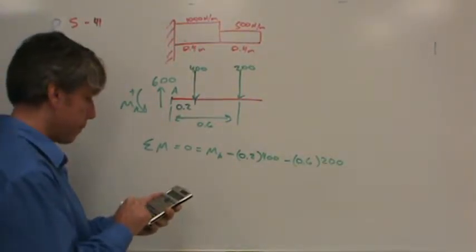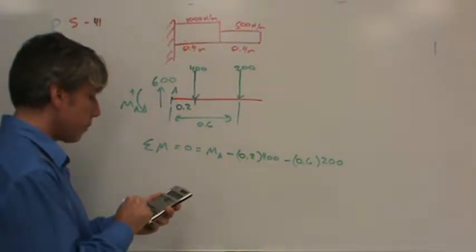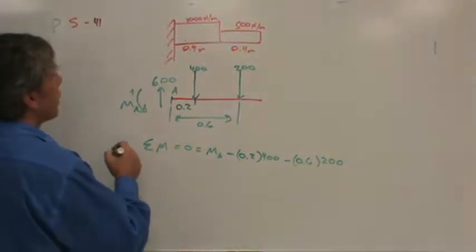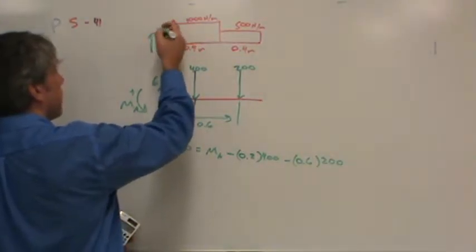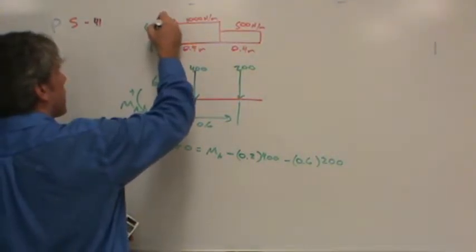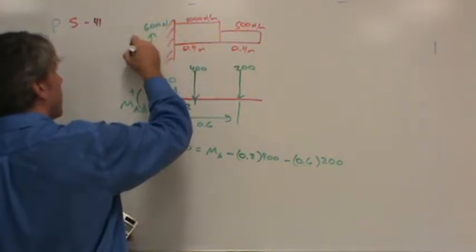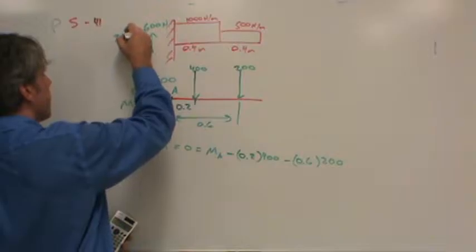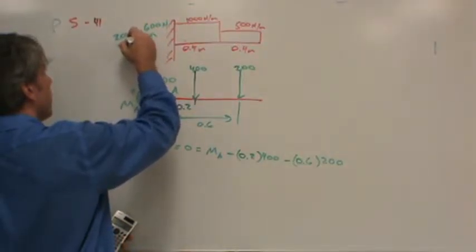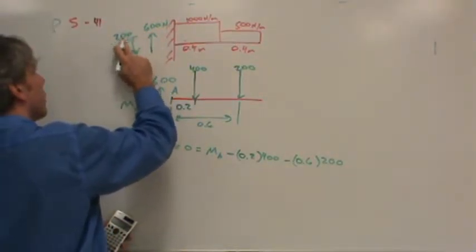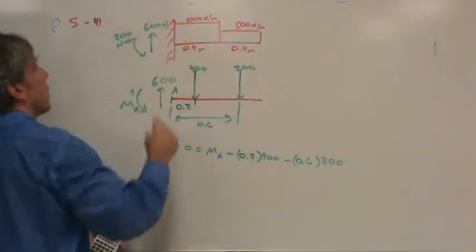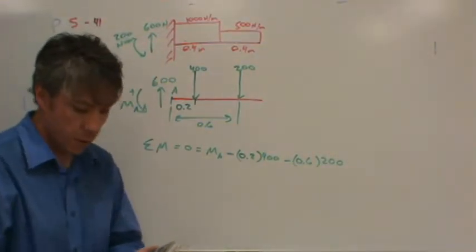Let me make sure. Yeah, I got 200. Okay, so basically the reactionary forces and moments are 600 newtons and a moment of 200 newton meters. Okay, so there are the reactions just from statics.